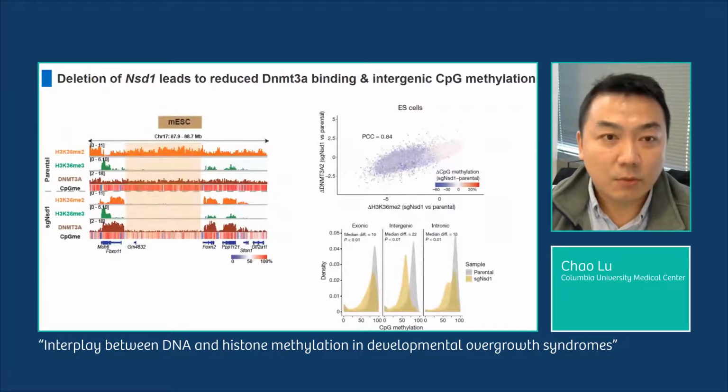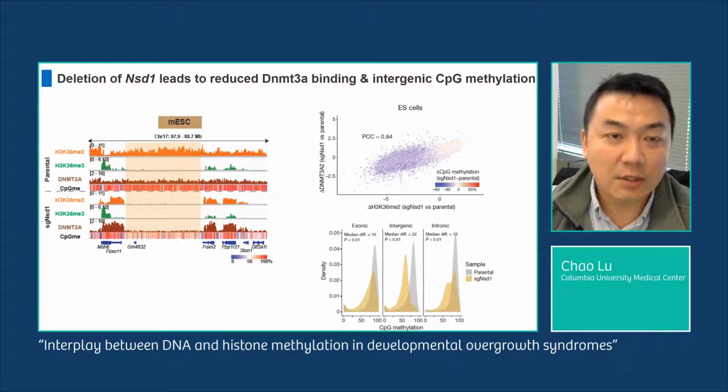So as a next step, we wanted to perturb NSD1 and therefore deplete H3K36 dimethylation, and see whether it has any impact on either the binding or the activity of Dnmt3a. Shown here on the left is again a ChIP-sequencing snapshot of mouse ES cells, where the top part shows the parental cells, and the bottom part shows the mouse ES cells where we used CRISPR-Cas9 to delete NSD1.